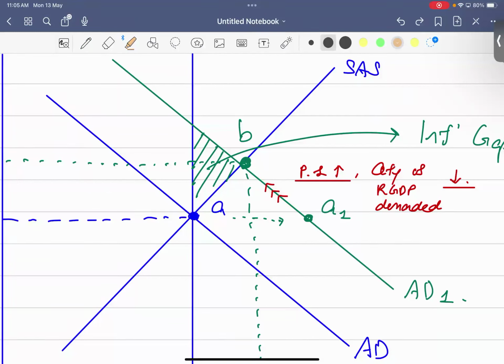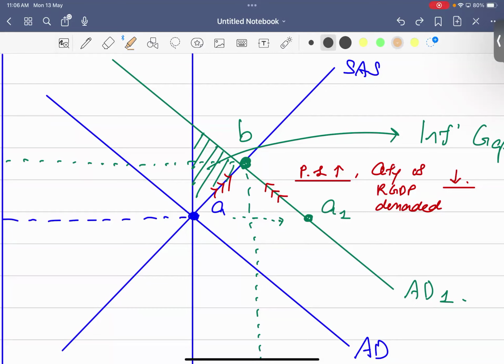Okay, so same thing here. When you look into point A to point B, it's the supply curve, right? SAS curve. So you need to refer to the incentive effect. A higher price level results in a higher quantity of real GDP supplied. Then only it results in the new equilibrium at point B. So I'm talking about the details that you need to explain when you want to analyze your diagram in your assignments.